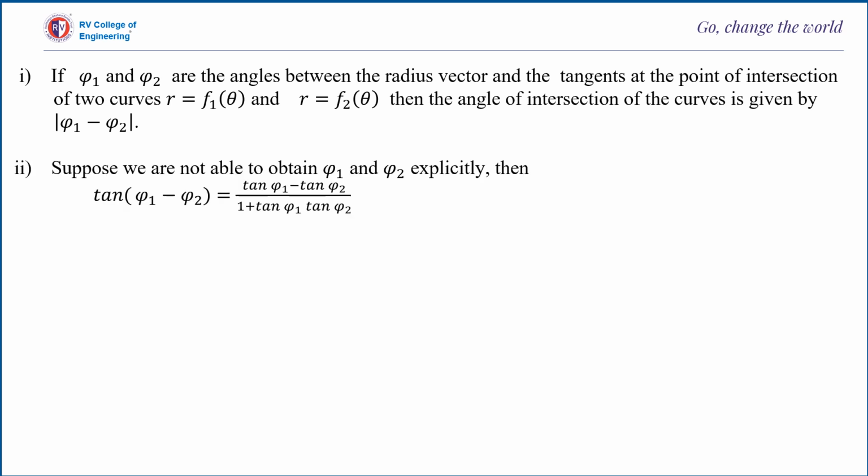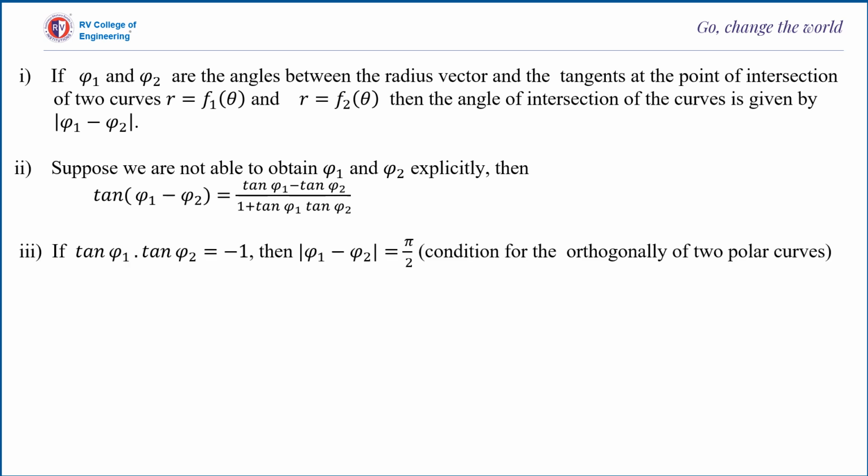Suppose we are not able to obtain phi1 and phi2 explicitly, then using tan of phi1 minus phi2 is equal to tan phi1 minus tan phi2 upon 1 plus tan phi1 into tan phi2, we can obtain the angle of intersection. If tan phi1 into tan phi2 is minus 1, then modulus of phi1 minus phi2 is pi by 2. So this can be considered as the condition for the orthogonality of two polar curves.